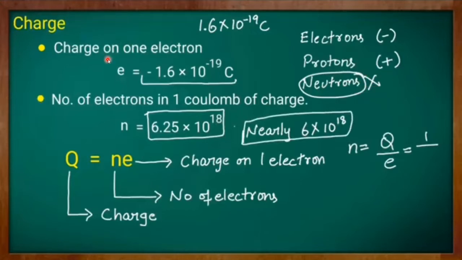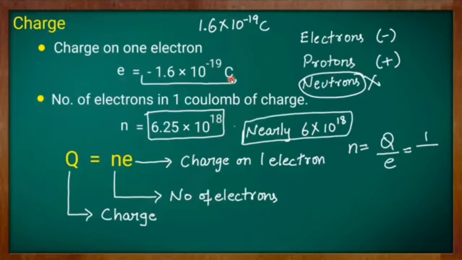Then what will be the charge on one electron? The charge on one electron is represented with the small letter e. It is minus 1.6 into 10 to the power of minus 19 coulomb. As I've said, charge has a unit of coulomb, represented by the capital letter C.